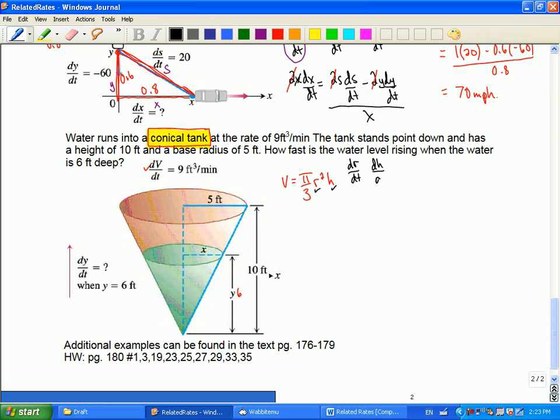I'm also going to need a dh/dt, and I'm also going to have a dV/dt. So if I do a quick survey, do I have enough information right now to solve this problem? What am I missing? Or maybe we should start with, what do I have? What do I know in this problem?